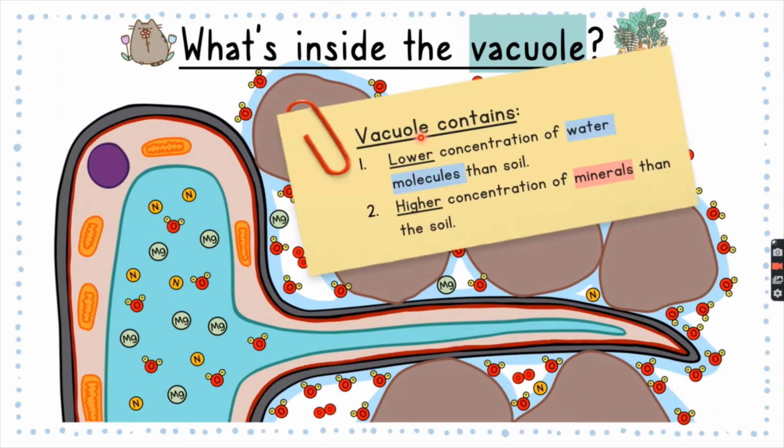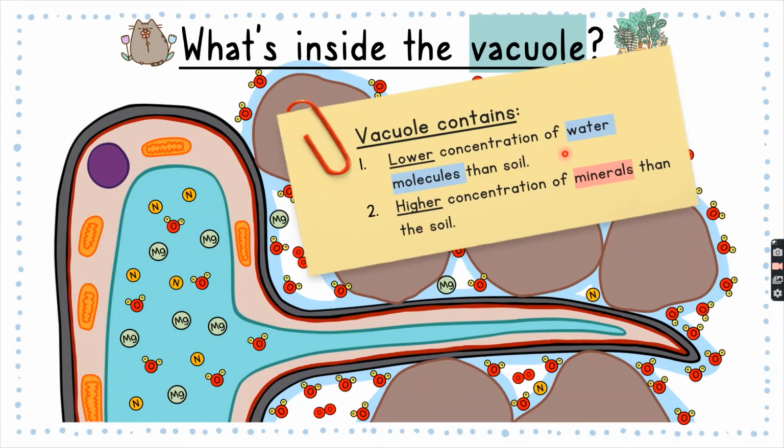So this is a fact that you have to remember as well. The vacuole itself contains a lower concentration of water molecules than the soil. So that's why I drew just a little bit, I copy and pasted just a little bit of water compared to the outside.